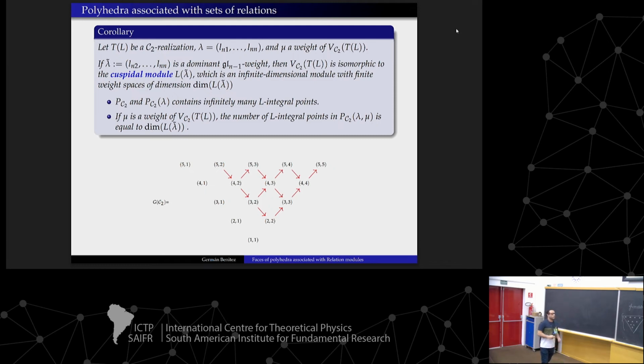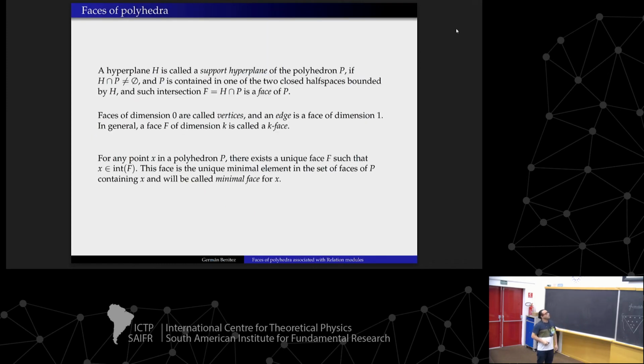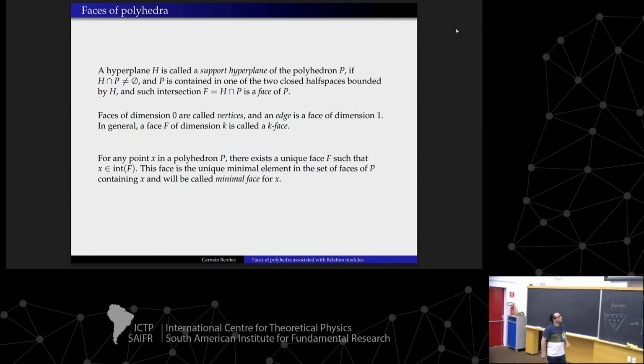We are interested in studying the dimension of the minimal face containing a certain point of the polyhedra. For this lecture, the minimal face containing a certain point is in the sense of the minimal possible dimension of a face containing that point.